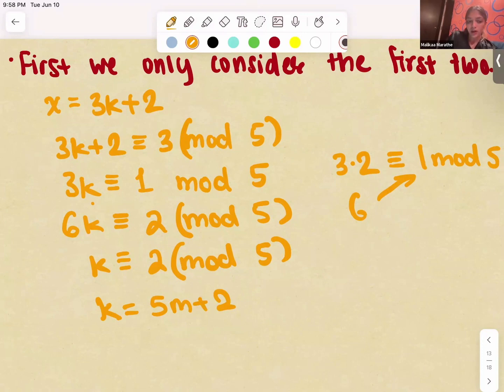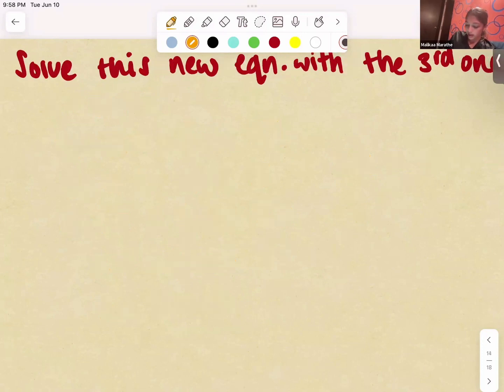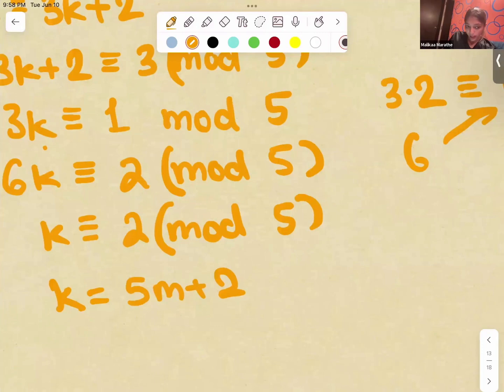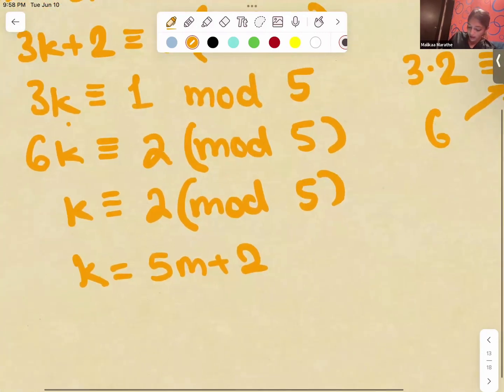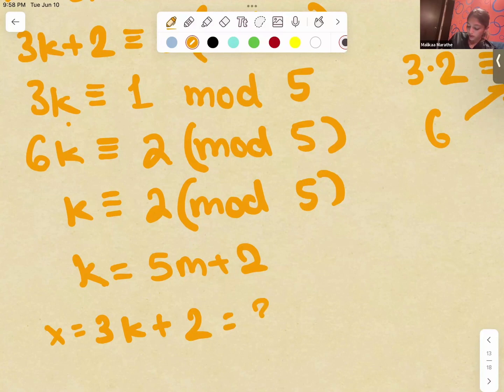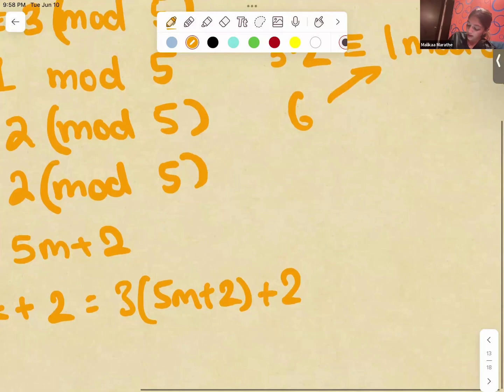Great. So now, what we can do is plug this into x. So since we know that x equals 3k plus 2, this is equal to 3 times (5m plus 2) plus 2, which is 15m plus 6 plus 2, which is 15m plus 8.